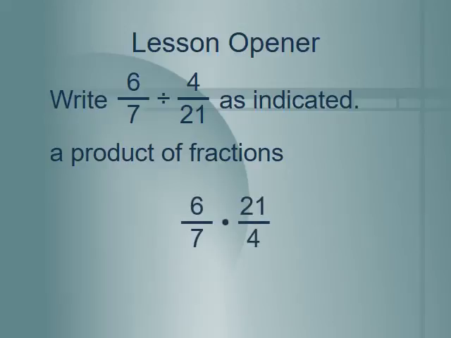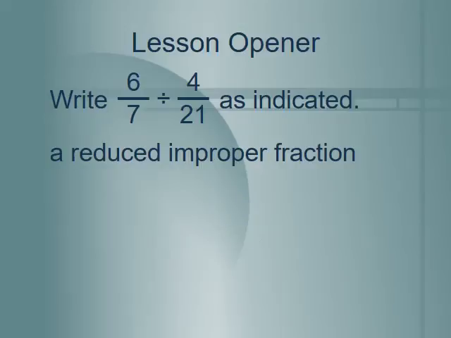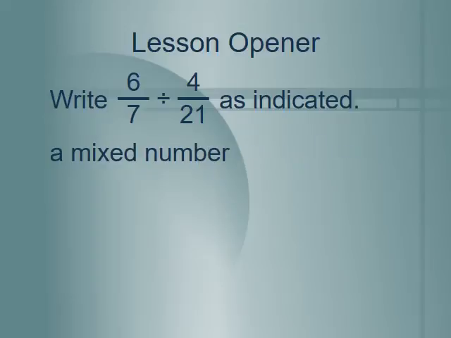So what we do is we turn the second one around and use the reciprocal and multiply. We multiply straight across. We can reduce though before we actually multiply. And then we end up with 9 over 2 and we leave that how it is.